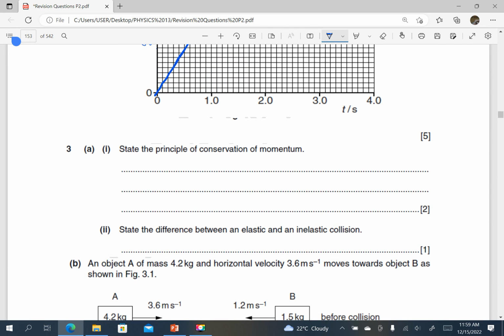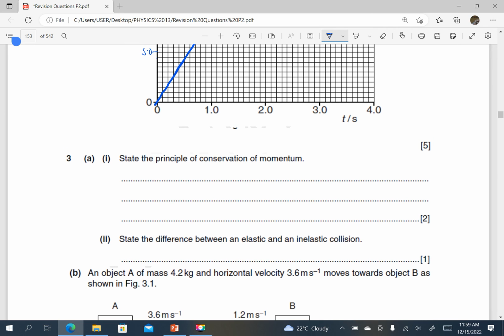State the principle of conservation of momentum. Now we know that the total momentum of an isolated system of interacting bodies is always constant.